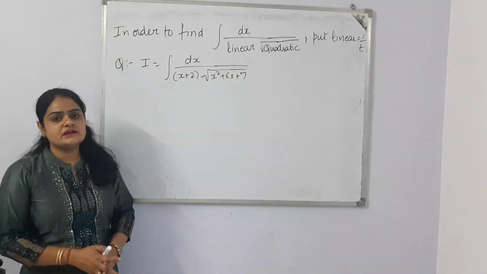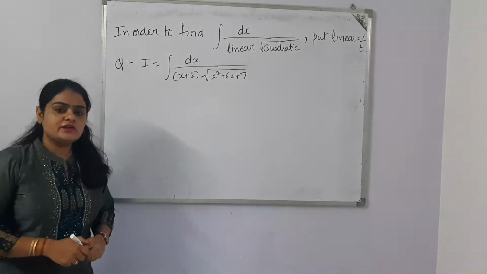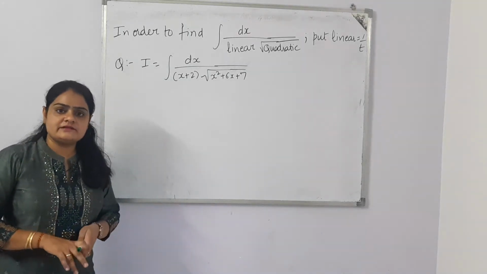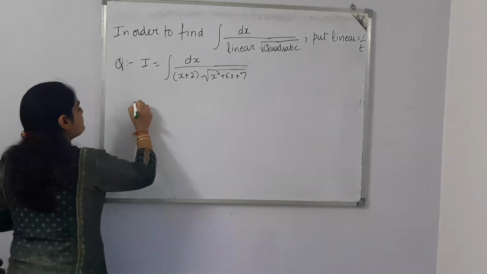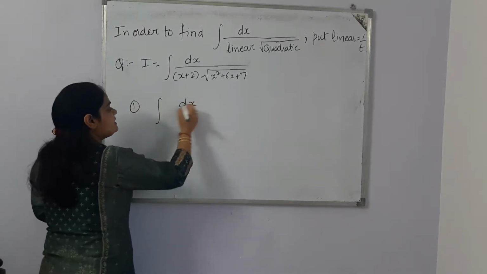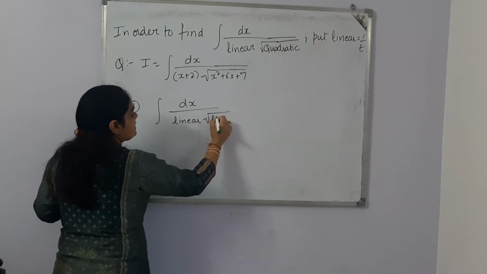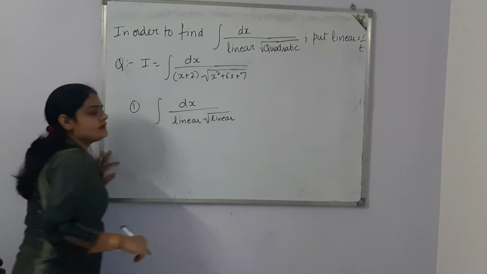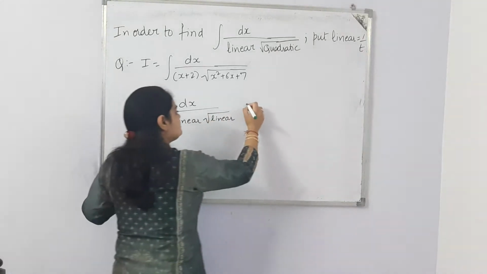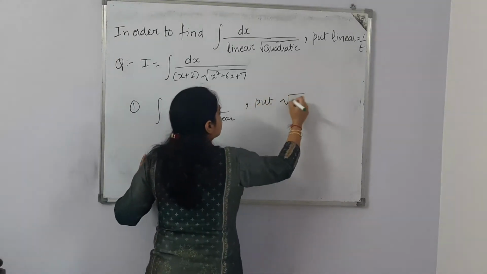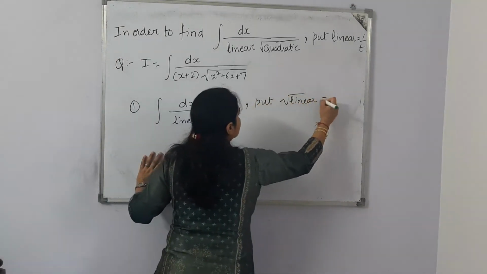We are doing indefinite integration, and in the previous video we learned two types of special pattern. The first pattern: whenever we have a constant in the numerator, and in the denominator we have one linear function, and inside the root there is another linear function. In this case we always substitute the linear under the root equals t.